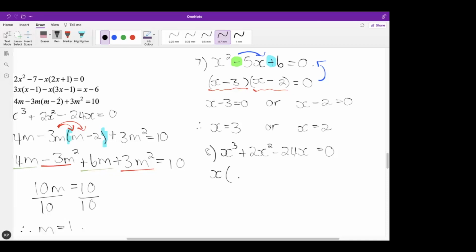So if I take out x, what is left for my first term? x squared plus 2x minus 24 equals 0. All right, we're getting somewhere.